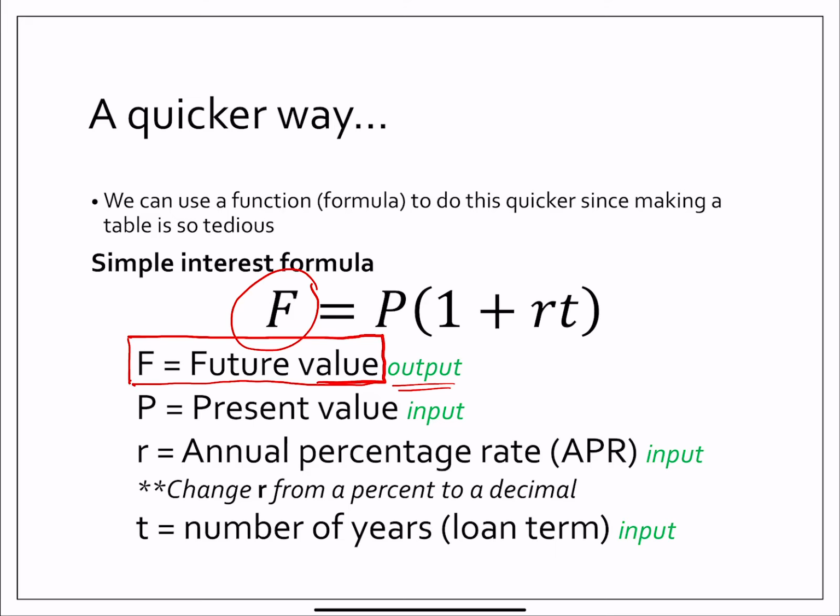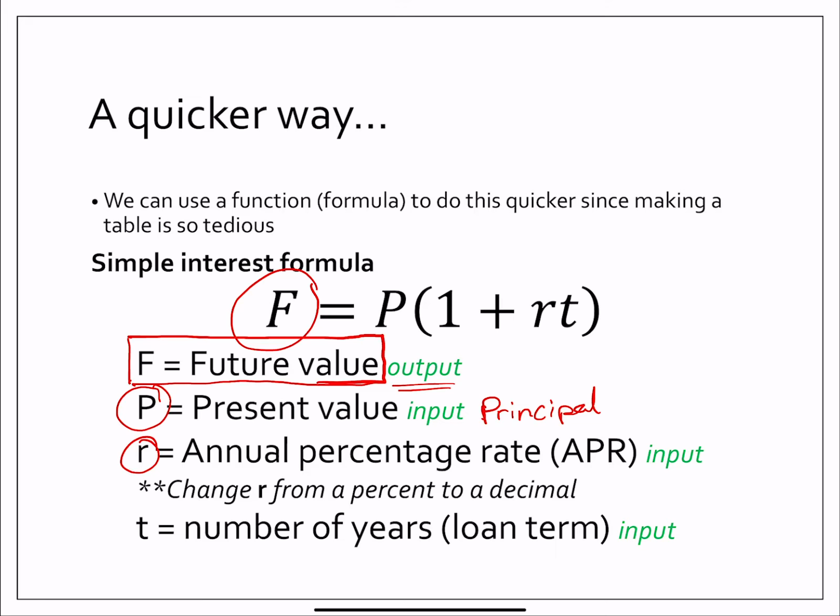Now, moving on, the inputs we need to be able to find the future value are the present value, which is P, or the principal. We need R, the interest rate. That's another input we need.